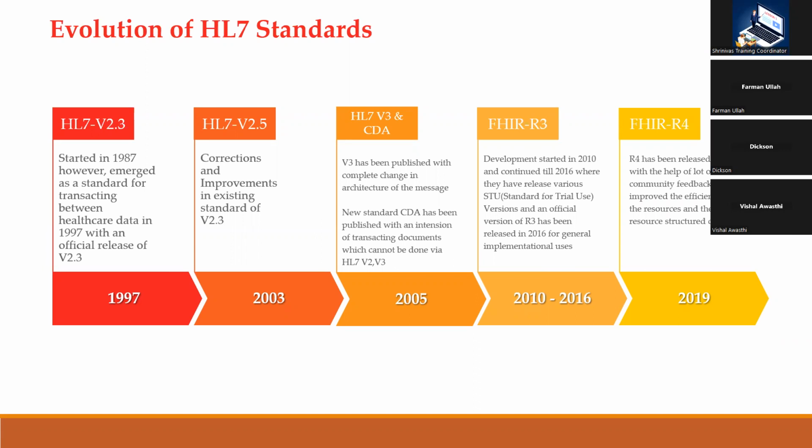FHIR R4 is one of the most used standards today because of its maturity when we compare it to the older versions, obviously. And we are hearing about FHIR a lot in the last 2-3 years, right? That is because R4 is pretty much the standard kind of thing.